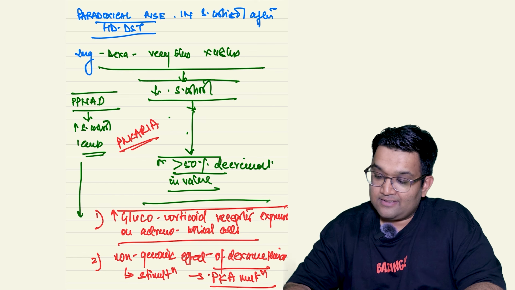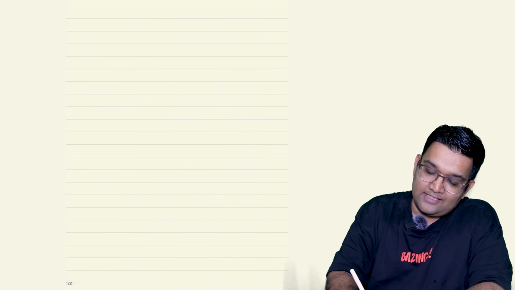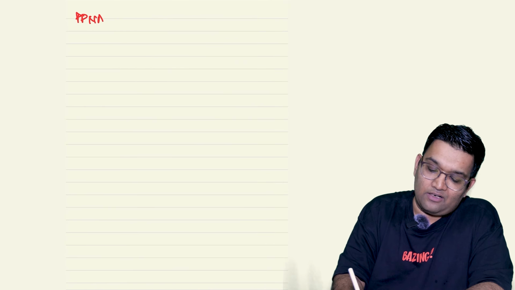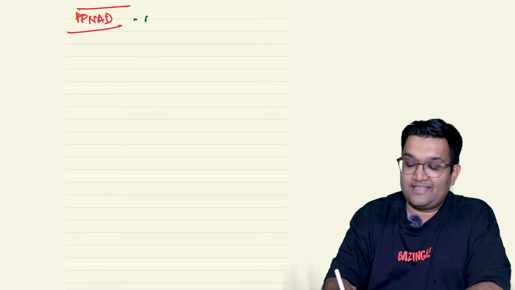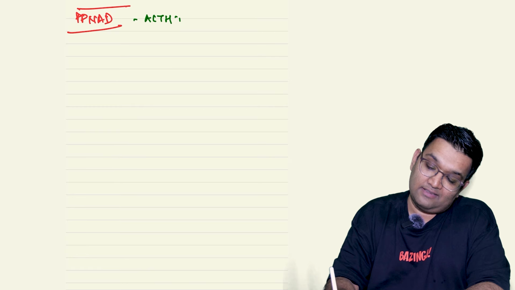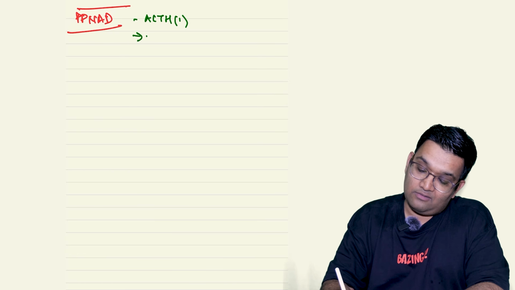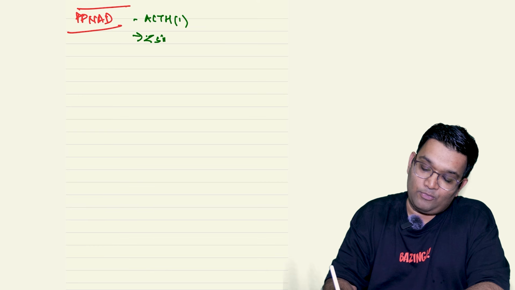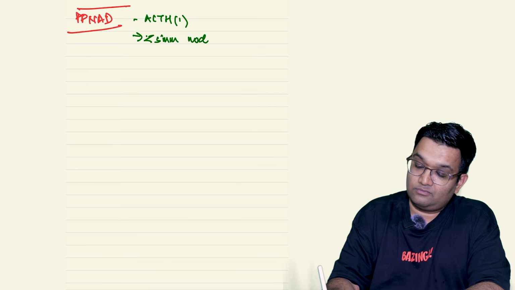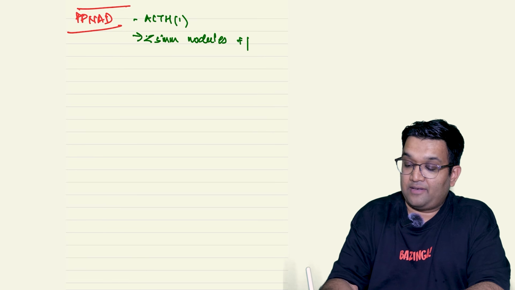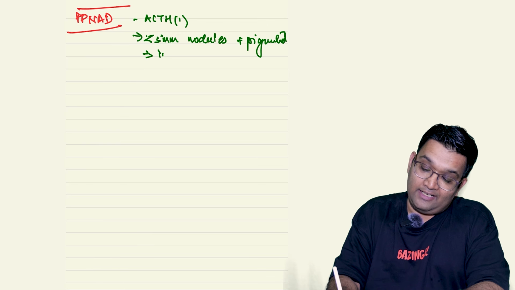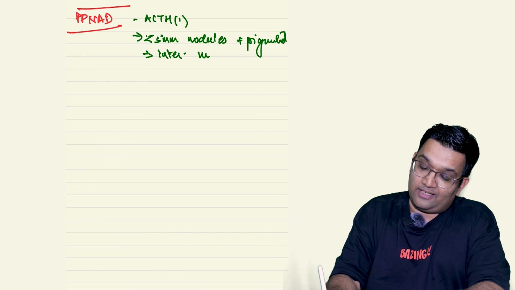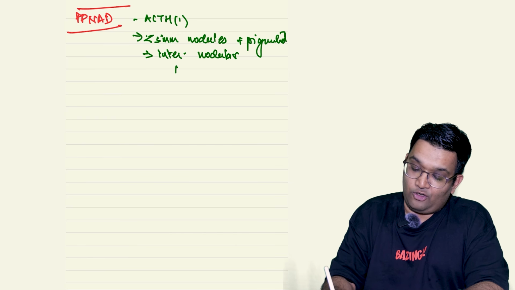So we can just revise this PPNAD. The main things we need to remember are that it is ACTH independent, it is having less than 5 mm nodules which are pigmented, which are also going to have internodular hypertrophy.